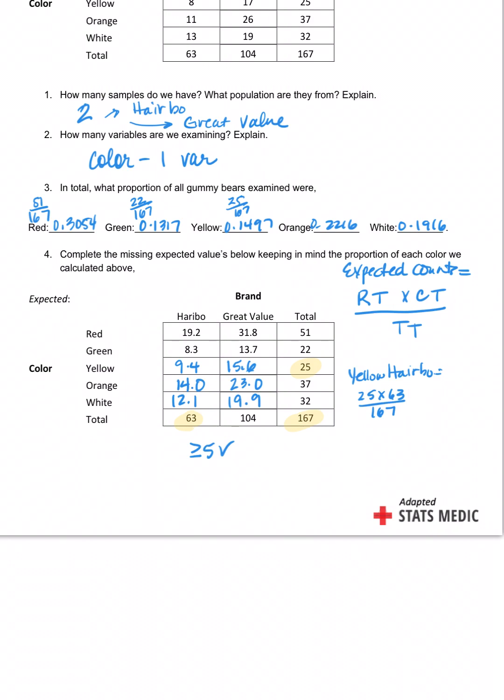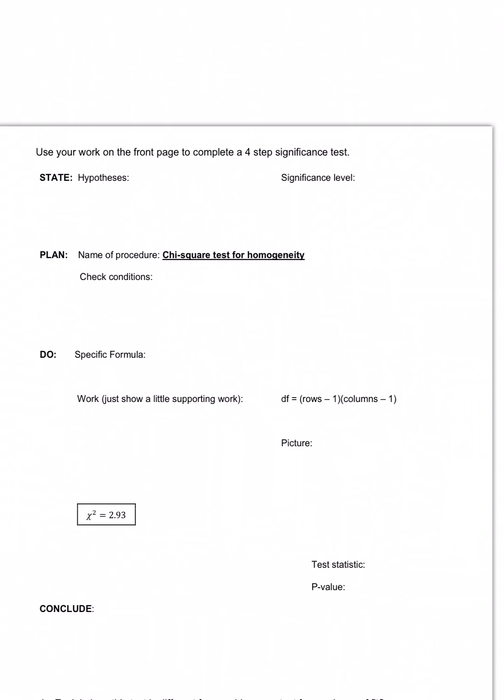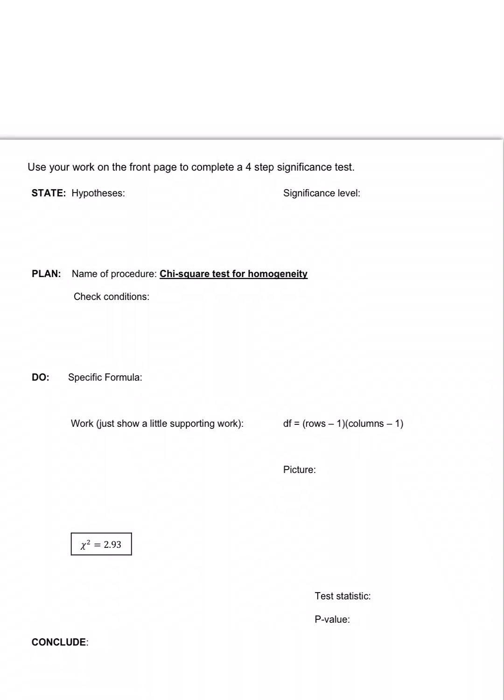Now we're going to dive into the 4-step process. A lot of what's changing is the verbiage: how do we explain our null and alternative? And there's a little difference in how we input in our calculator. So when we do our hypothesis, we are looking at the color distribution between the two brands.